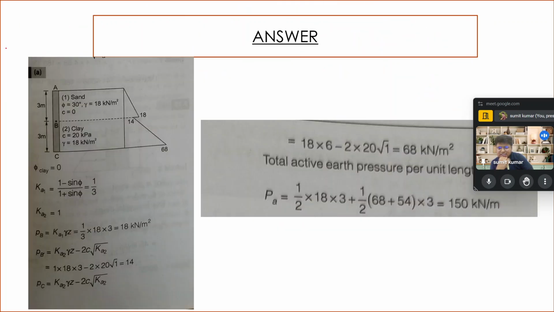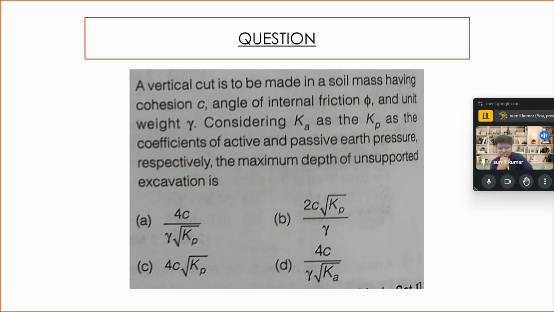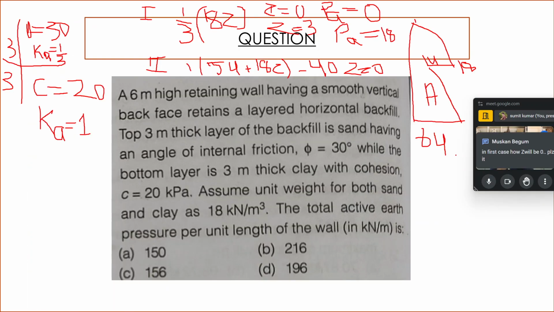The plot is exactly correct, the 18, 14. Okay, this value is 68. What I have written? Oh, 64. Sorry, sorry. Okay, now I will calculate. When we calculate 68 plus 14 upon 2 multiplied by 3 plus 0.5 into 18 into 3.